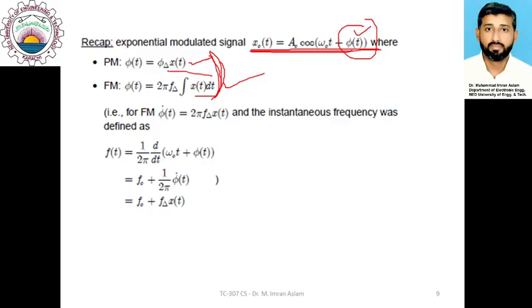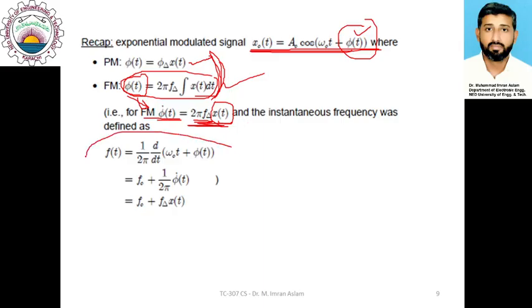From here you should see that if we differentiate phi(t) for FM, it becomes 2 pi f_delta times x(t), which is directly proportional to x(t). So in order to extract the information from the FM signal, we can simply detect the phase and differentiate it to get the message signal.